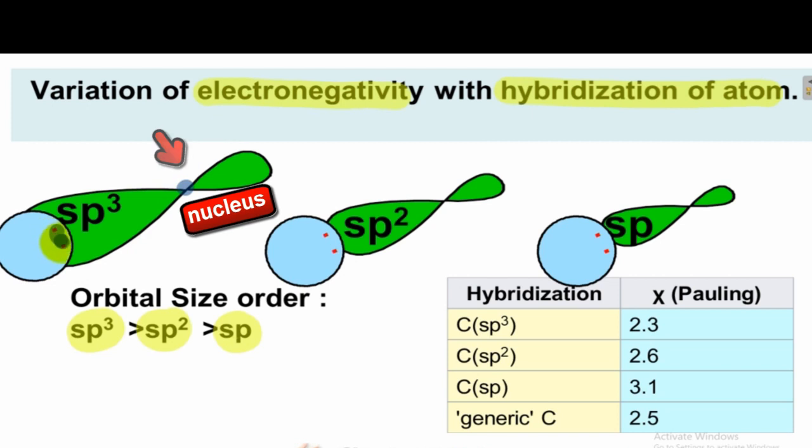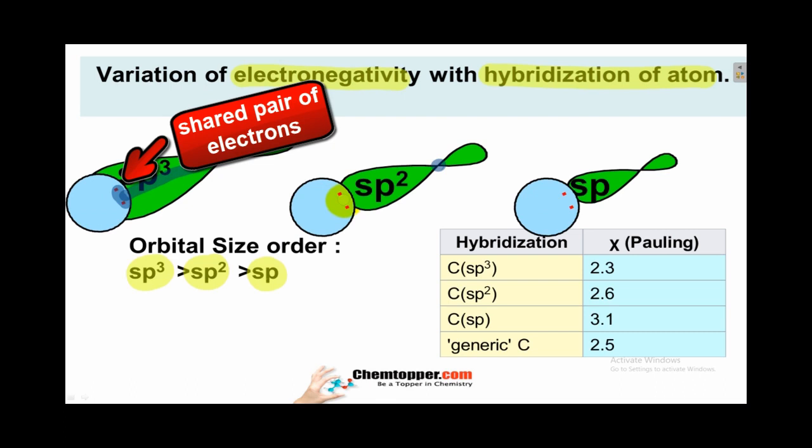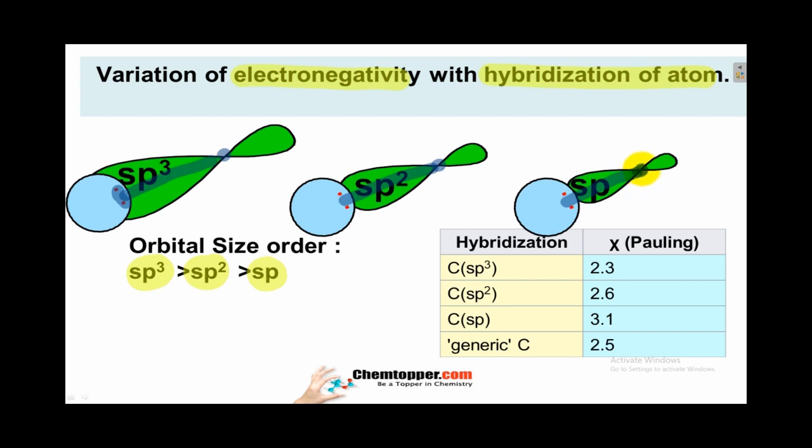So in sp3, the distance between the shared pair of electrons and the nucleus is very large, whereas in sp, the shared pair of electrons is very close to the nucleus. So attractive forces on the shared pair of electrons will be highest in sp hybridized atoms. So it means sp hybridized atoms are more electronegative than sp3 or sp2.